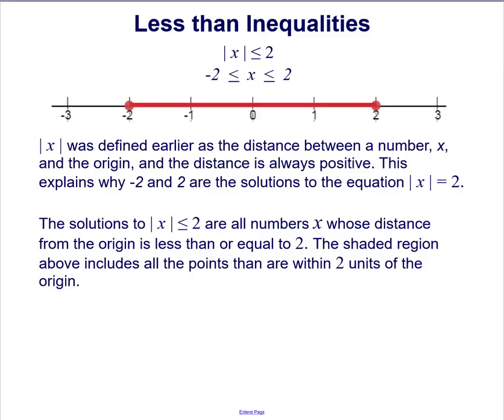This explains why -2 and +2 are solutions to the equation absolute value of x is equal to 2. The solutions to the absolute value of x is less than or equal to 2 are all numbers x whose distance from the origin is less than or equal to 2. The shaded region above includes all the points that are within 2 units of the origin.